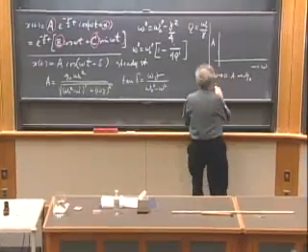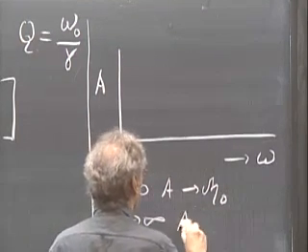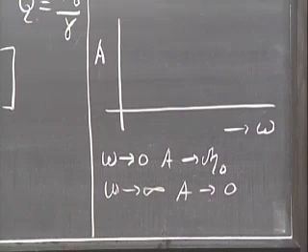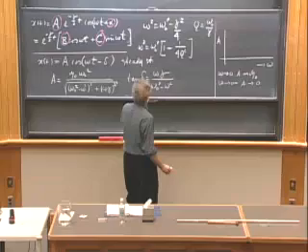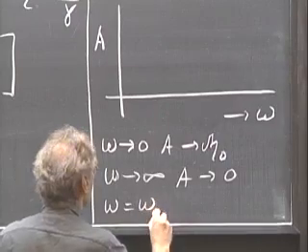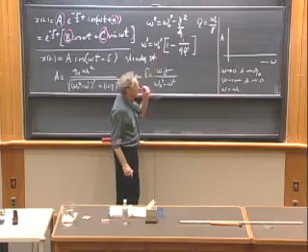If omega goes to infinity, then A goes to 0. And then there is a very special case. That is when omega happens to be omega 0, which is the frequency of the system in the absence of damping. This is my omega 0. This is not this one, but it is the omega 0.